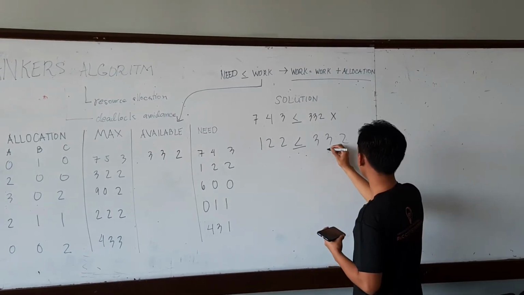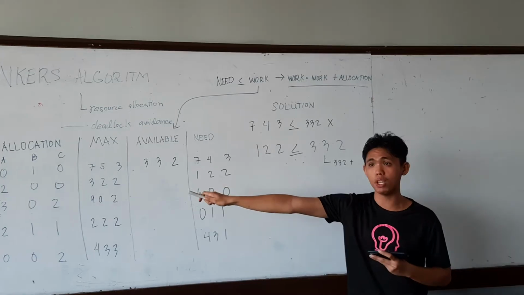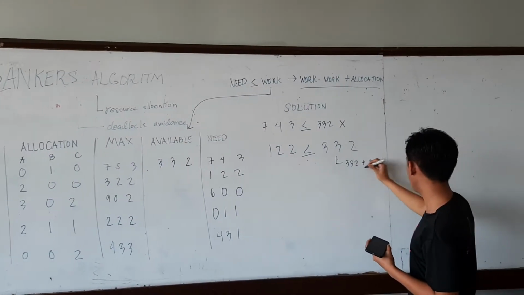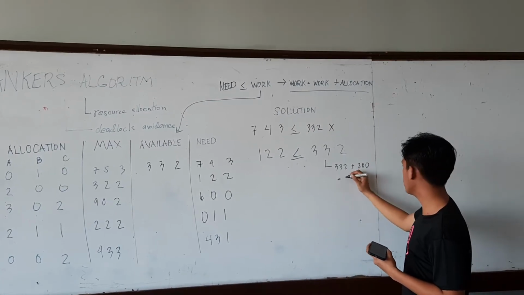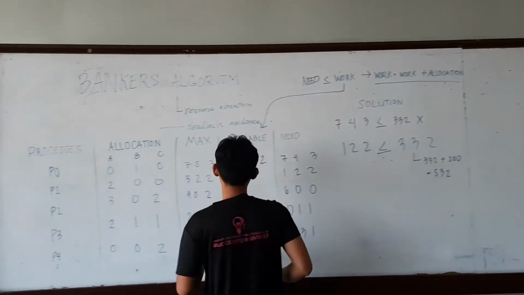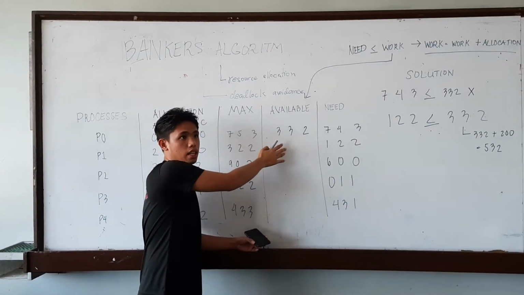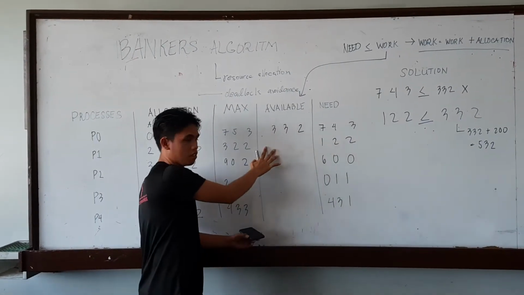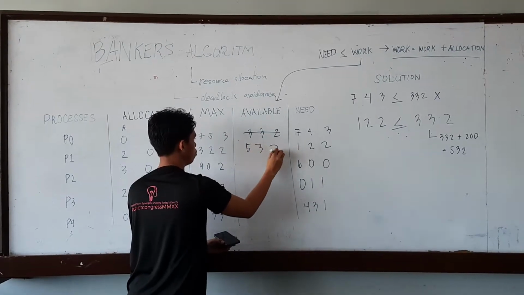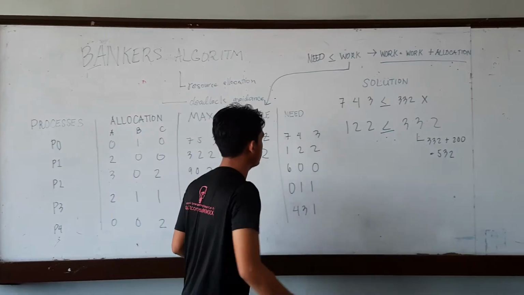Work here is 332, plus the allocation from P1, the first process, which is 200. 332 plus 200 is equivalent to 532. And in the available column, instead of the 332, we will update it to 532.